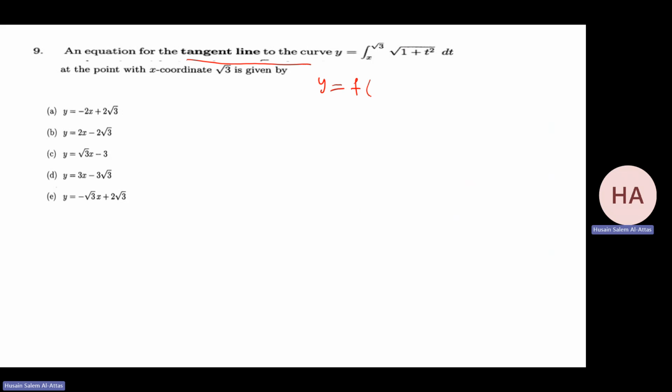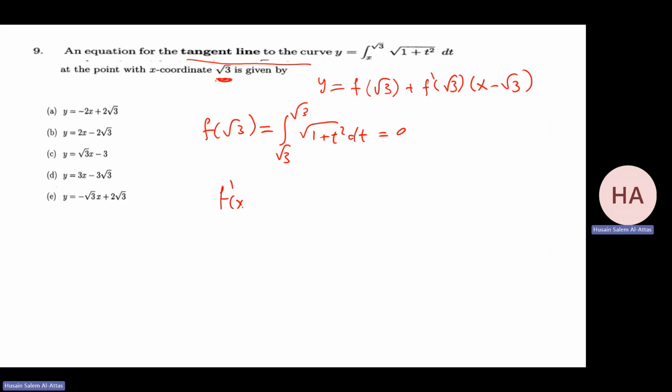It will be f of, this is my a, square root of 3, plus f prime square root of 3 times x minus square root of 3. What is f of square root of 3? It will be square root of 3 to square root of 3. So it's 0.